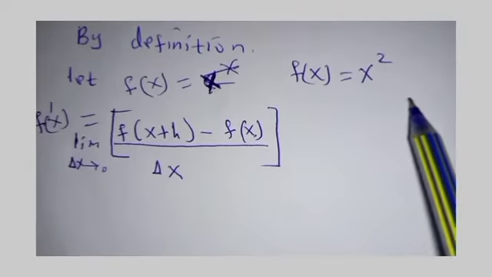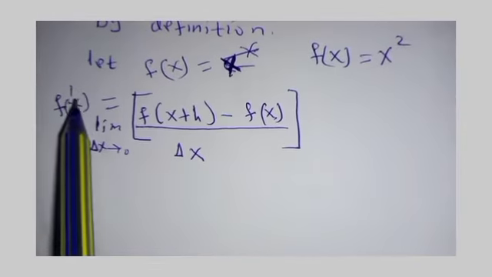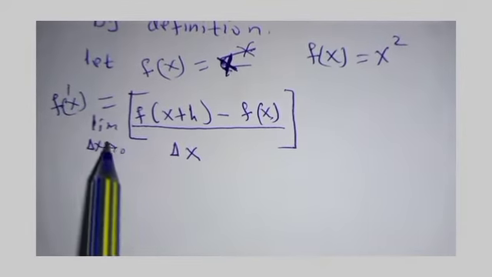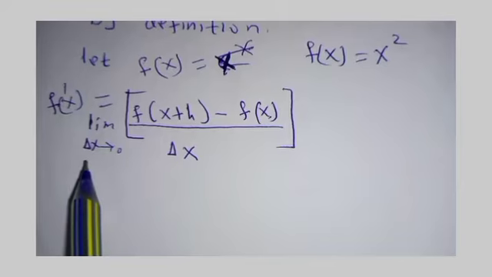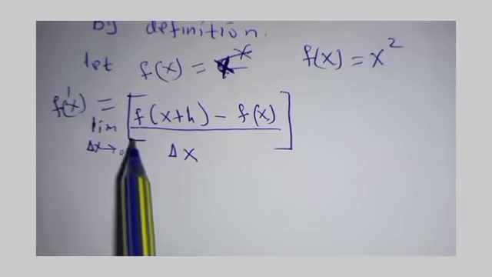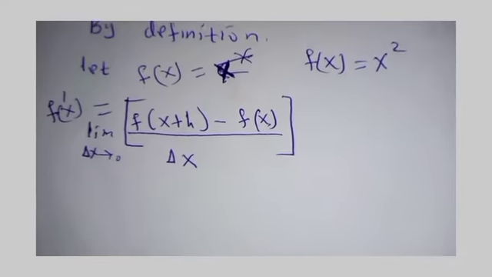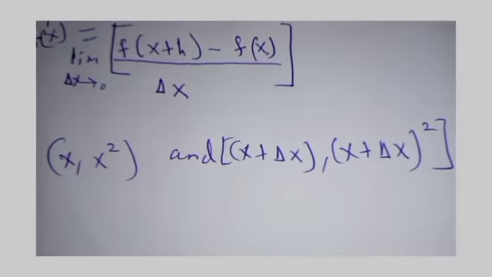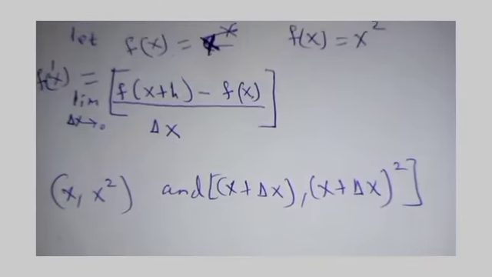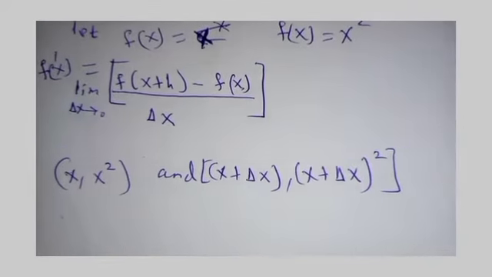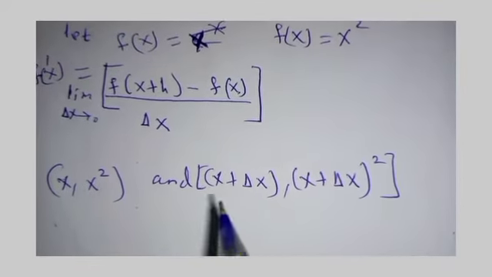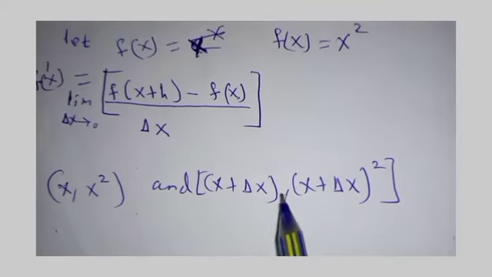So x squared, and by definition, the derivative is given by the limit as change in x tends to 0 of this function. So we take 2 points. We shall take these 2 points, x from this function, x squared is the second. Then we take a small change in x.